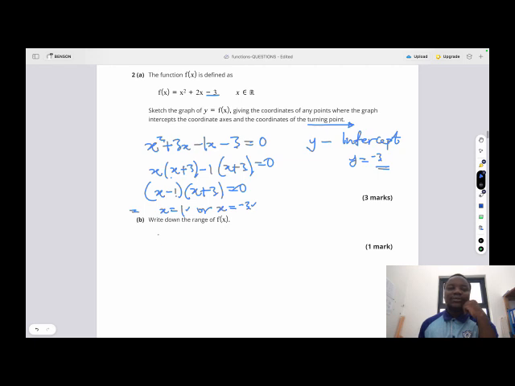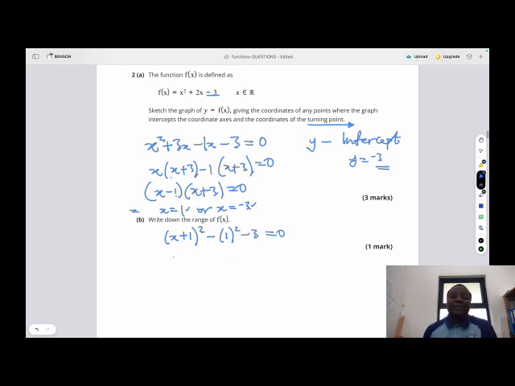So to complete the square, we write x, then we find half of 2, which gives plus 1, squared. Because we've added a 1 squared, we subtract it, then minus 3 as it is, equals 0.